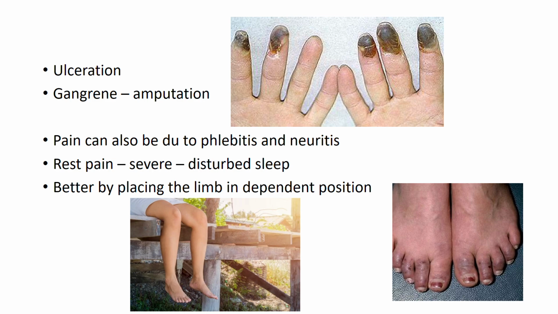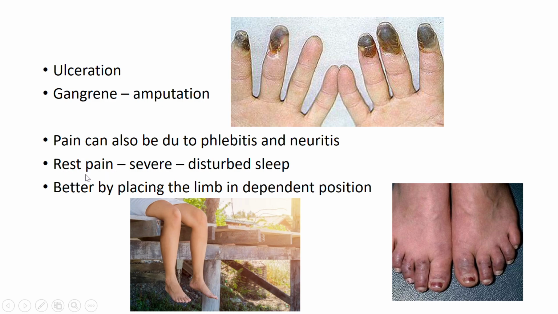Now, as the disease further progresses, as we had seen earlier, the patient initially complains of intermittent claudication, that is pain only on walking or doing some exercise, which gets better by rest. With the progress of disease, this pain persists even when the patient takes rest.